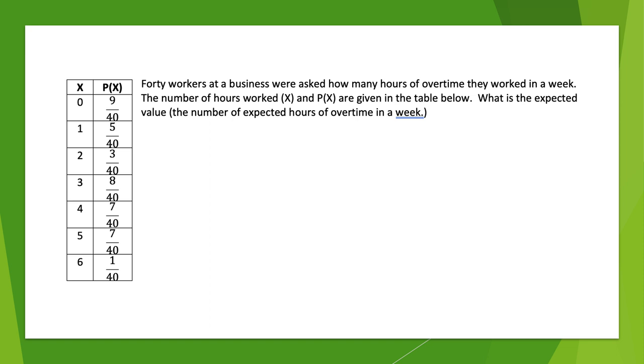For expected values, you have to take the probability and then multiply it by the value, which is the X. So to find the expected number of hours of overtime in a week, in every case I would multiply the X by the probability of X. In the first case, the probability you get no hours of overtime is 9/40ths, so I'd multiply that by 0.